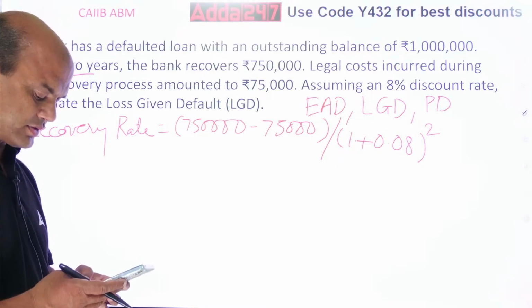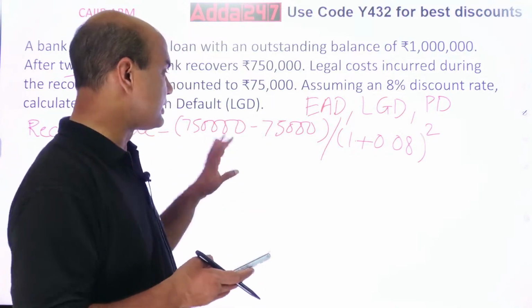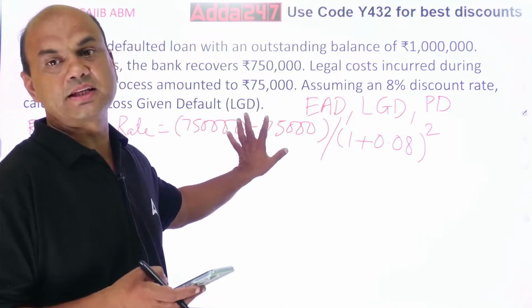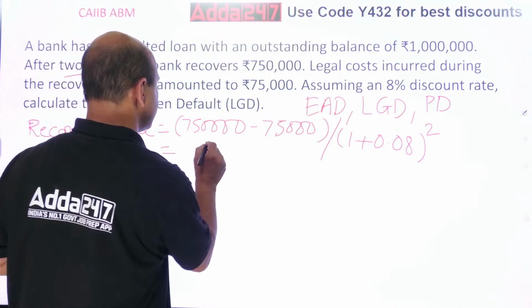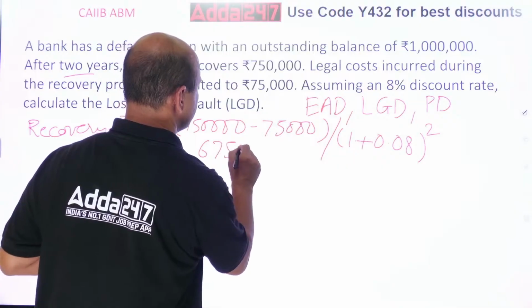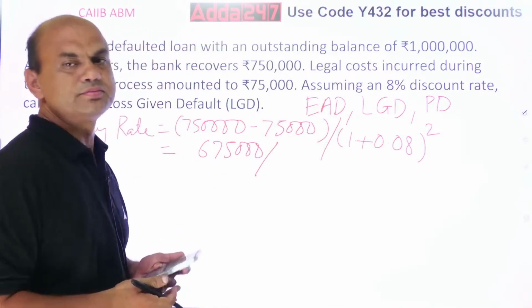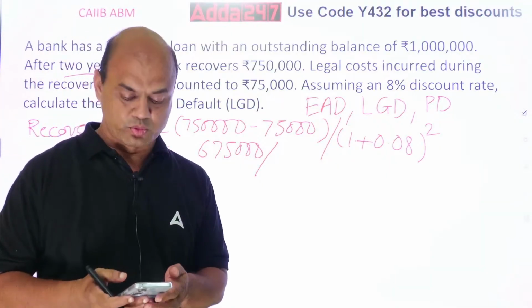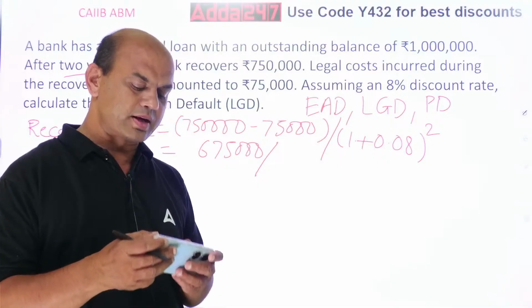Be very cautious while doing the calculations. Okay? Because it's not simple. So this answer is 6,75,000. Equals 6,75,000 divided by, what is the answer for this now? 1.08 raised to 2. Do it, everyone. It is 1.08 and then square.